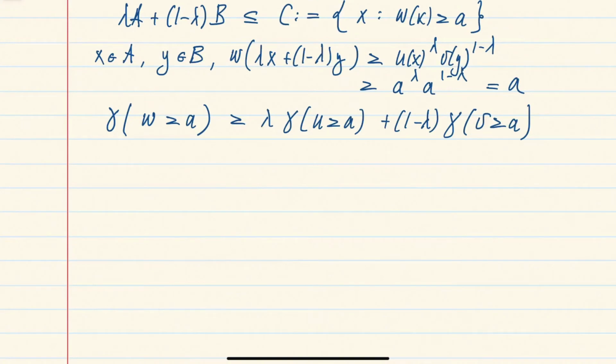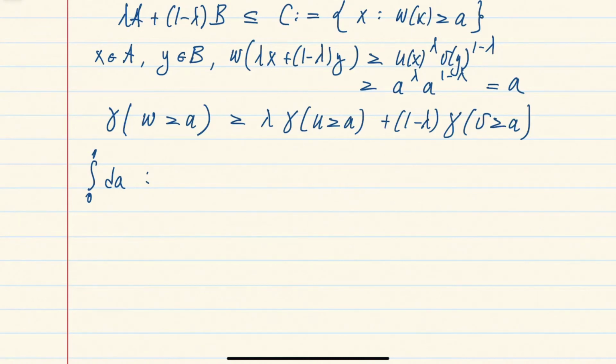Okay, so now what remains is just to integrate both sides with respect to a between 0 and 1. And here we should also notice that by truncation, we can assume that w is bounded by 1, since u and v are bounded by 1; truncating w at 1 does not affect the assumption above.